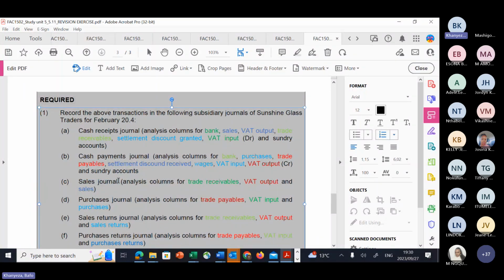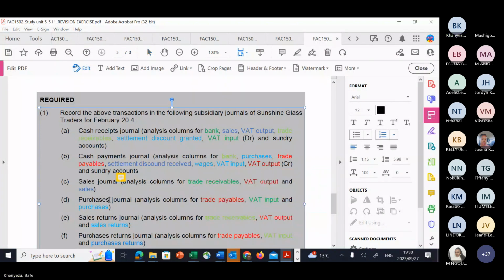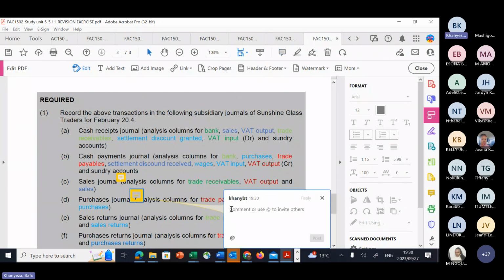I used to put a sticky note here. These are for credit sales, then these are for credit purchases.